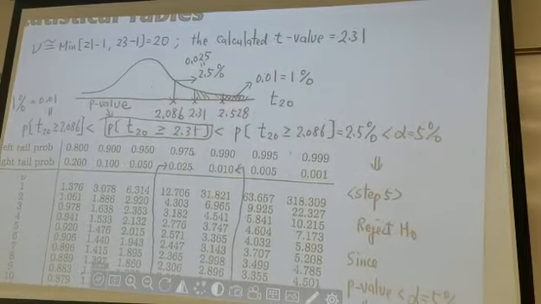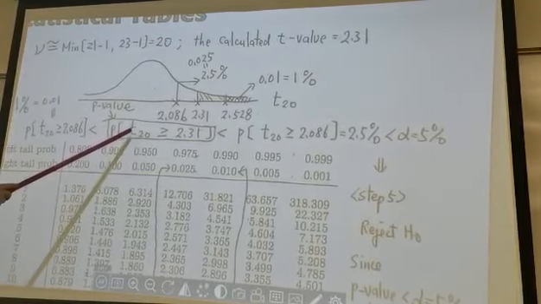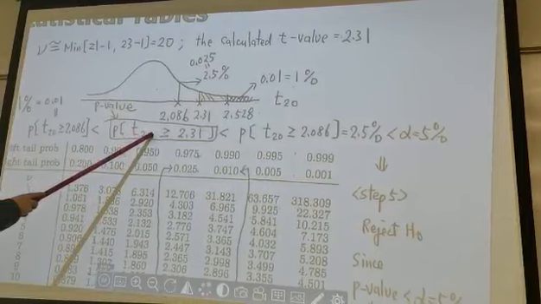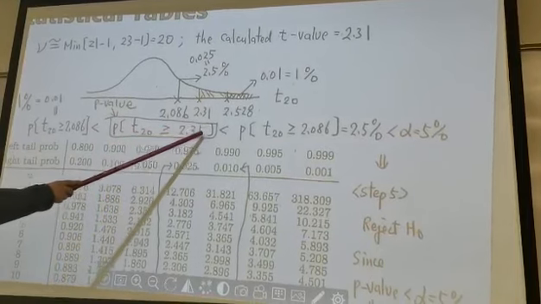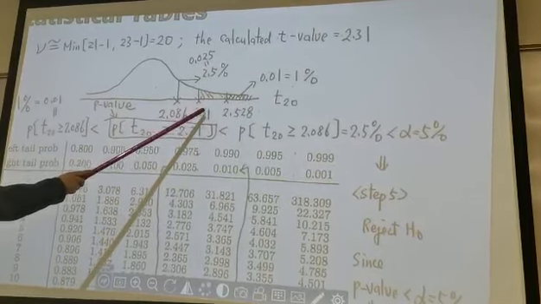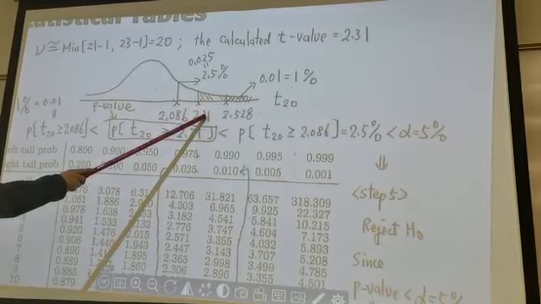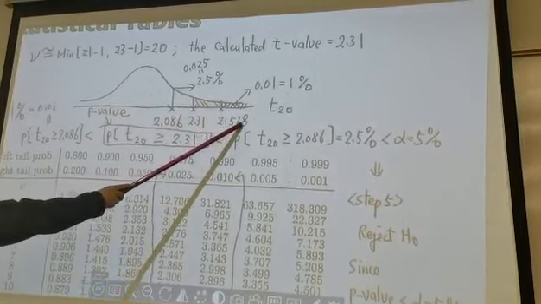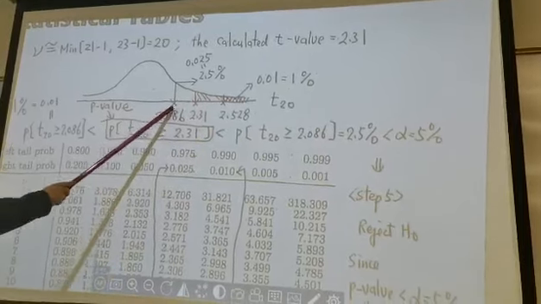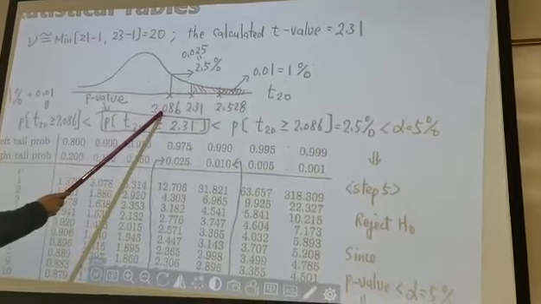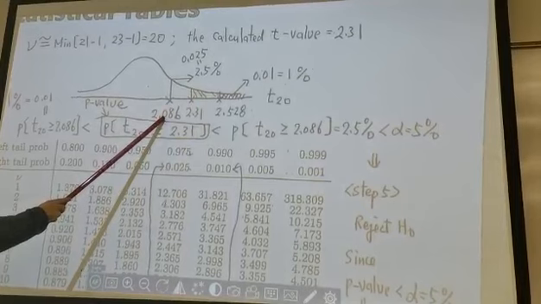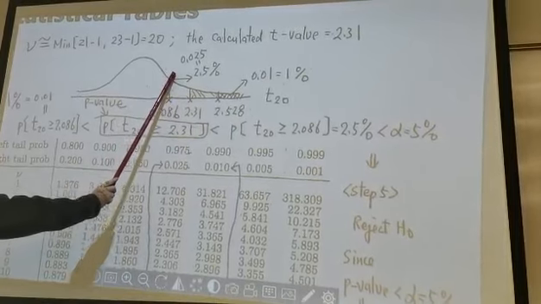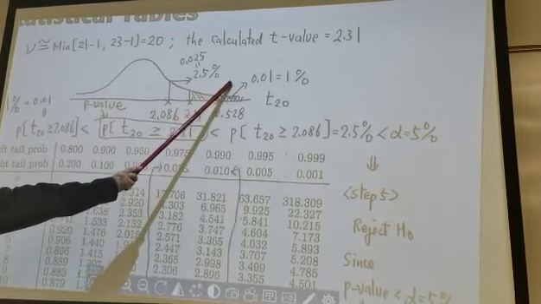Let's look at this graph. Probability T20 greater or equal to 2.31. 2.31 is here. In the table I just showed you, it's bounded by 2.086 and 2.528. Now in the table, when the critical value is 2.086, the corresponding upper tail is 2.5%.